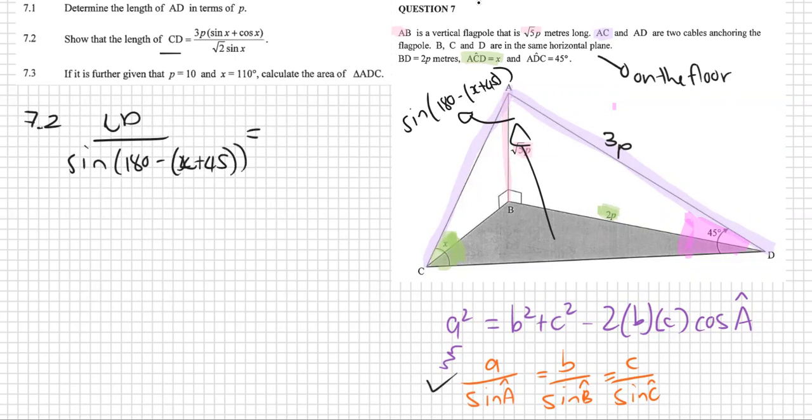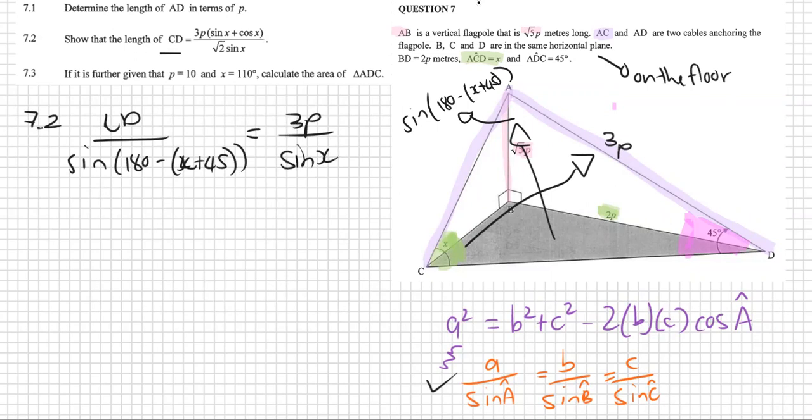And this will be equal to another one that we have information on, and in this case we have information on 3p from the previous question. So the side 3p over sine x.